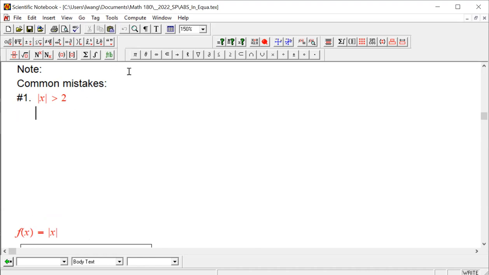They thought, oh, it's x less than -2 or x is larger than 2. That's correct. But some people will invent the following. They figure, oh, I can put it this way: x is less than -2 and x is larger than 2. So they put it this way.